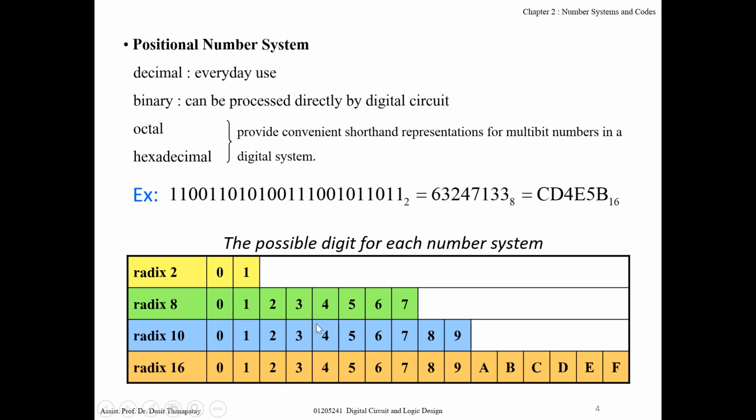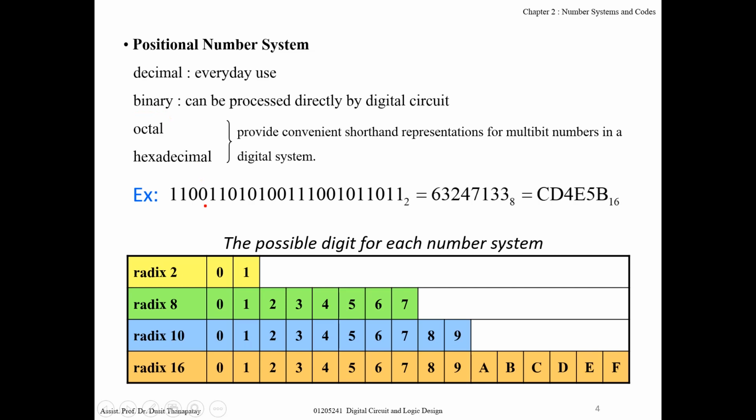Okay, and for positional number systems, the most often used is decimal. And the next one may be binary, in digital circuits or computer systems.